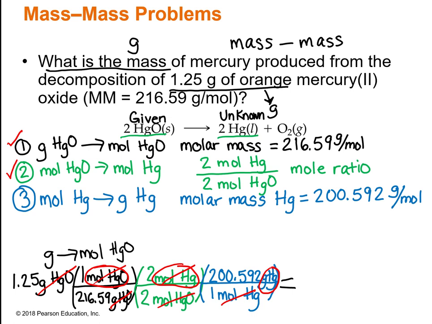When you put this into your calculator, which I want you to try, you're going to take 1.25 divided by 216.59, multiply by 2 and divide by 2, which is the same thing as 1. And then you're going to multiply by 200.592. Give that a try on your calculator and let me know what you get.